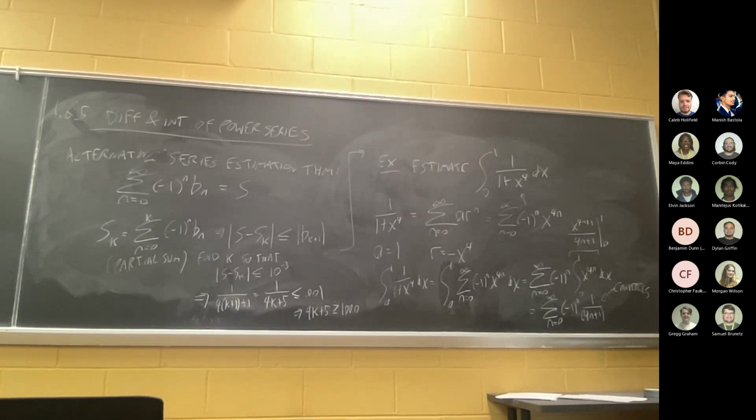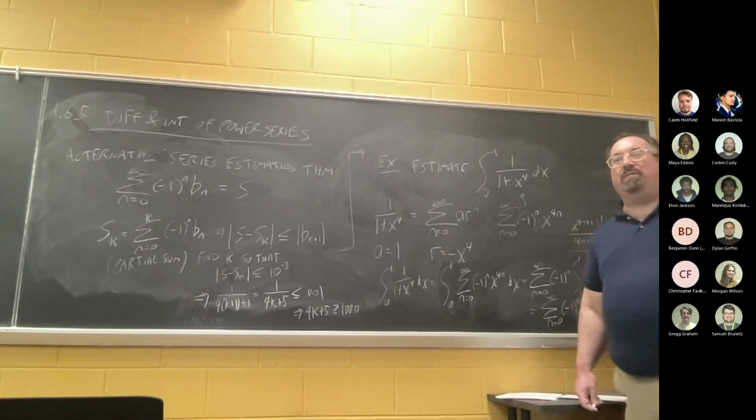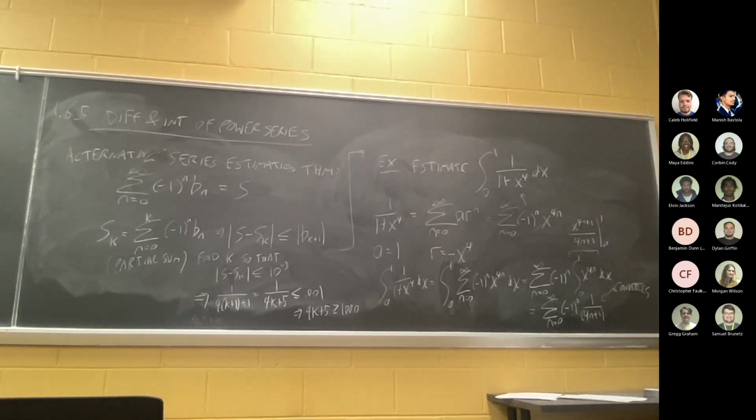That's bad. So I would need a lot of terms to get that much accuracy. And the reason for that is these terms do go to 0, but they go to 0 pretty slowly. So if this had been something like 1 over (4n+1) squared, for instance, then I would need a lot fewer terms than this.